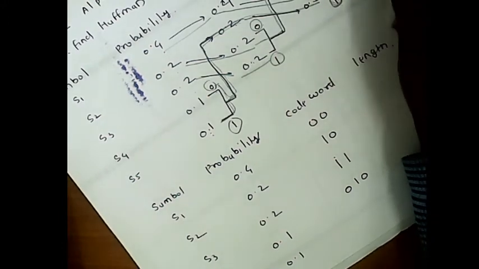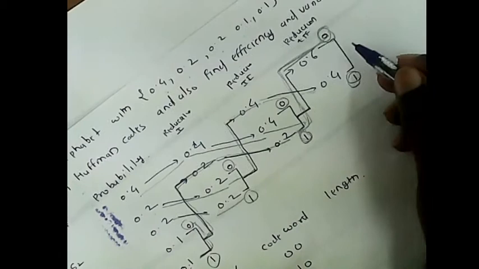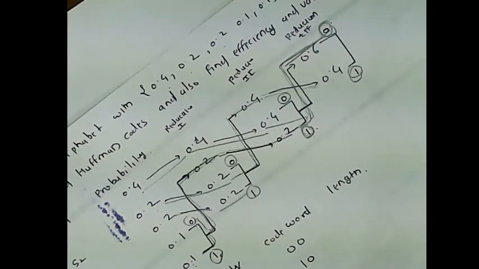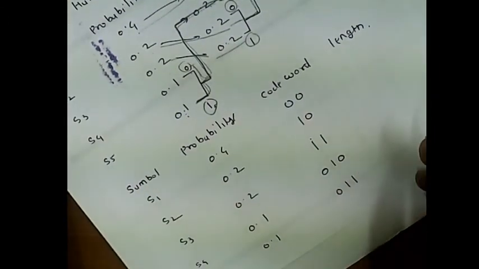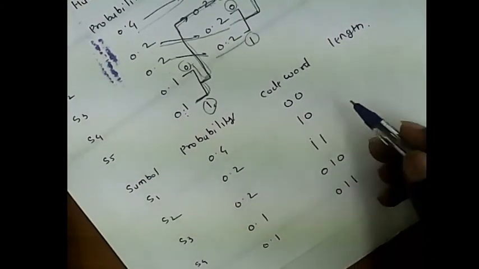So this is 1, this 1, and go here. So we get the code word 0 1 1. In this way we can find the code word for each symbol.